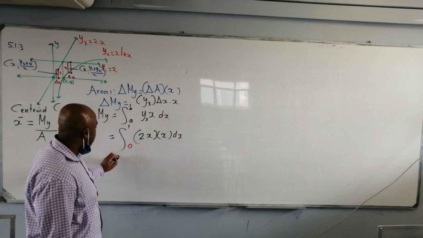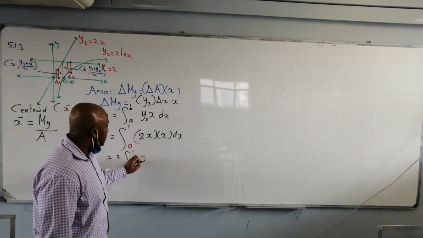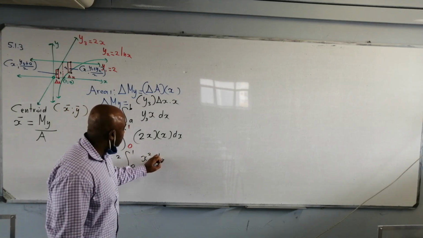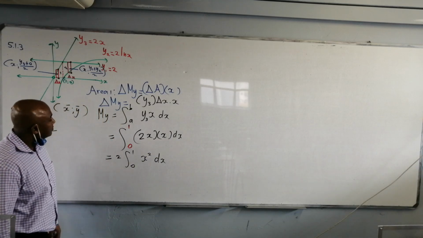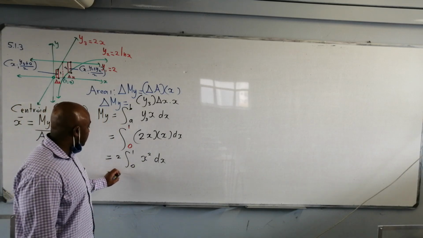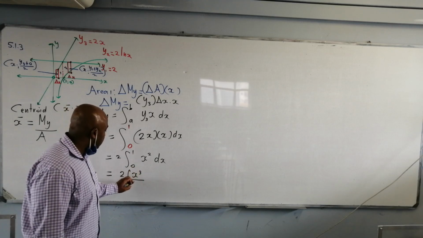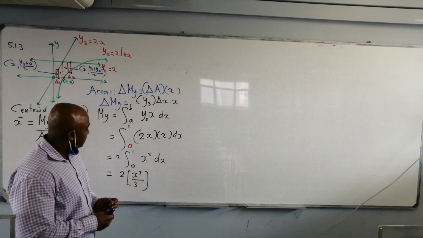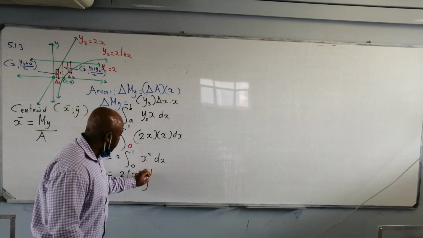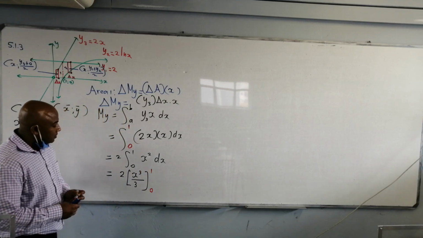So that's going to be just 2x squared. So this is going to be 2x to the power 3 over 3, and then we're substituting 1 and 0.